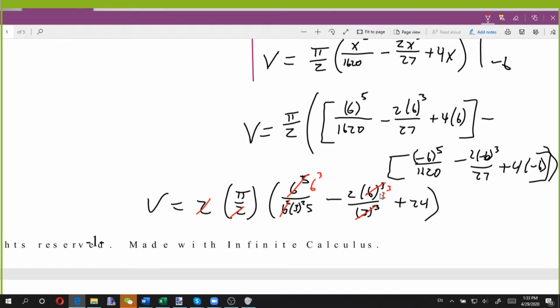Out of that 6 cubed, I can pull out the 3 squared if I want. That'll leave me with 2 squared times 6. And I think that's all I can cancel. Okay, so 2 squared is 4 times 6 is 24. So I've got 24 over 5.